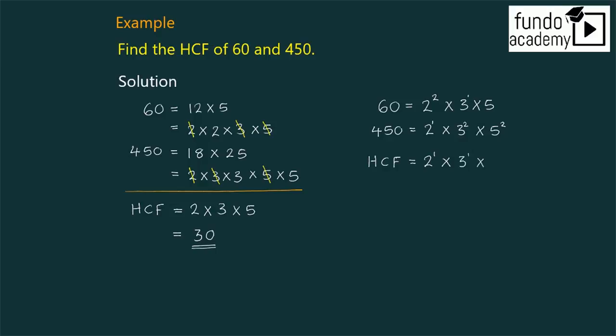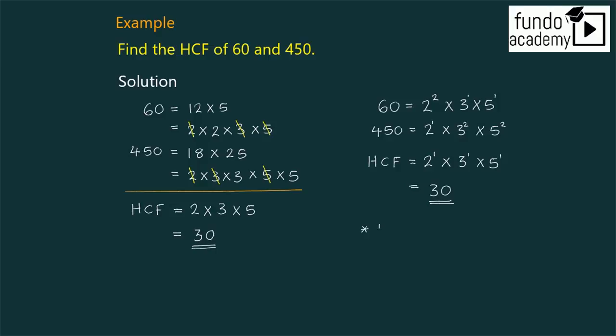So we take the lower power, 3 to the power 1. We also go on to the 5s. We've got 5 to the power 1 and 5 to the power of 2. We take 5 to the power 1, which is the lower power. So we'll be going only for the common, so our answer comes out as 30. We take where we have the lowest power, if you have your factors in powers like that.